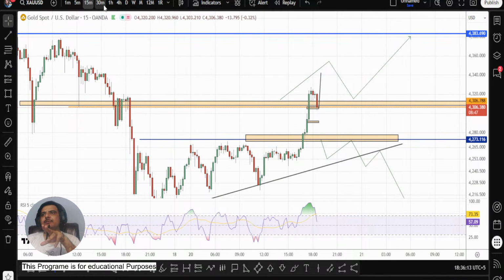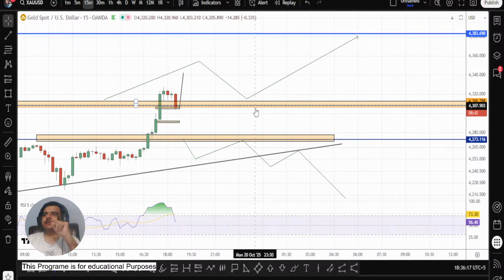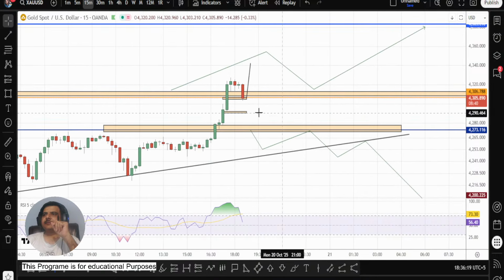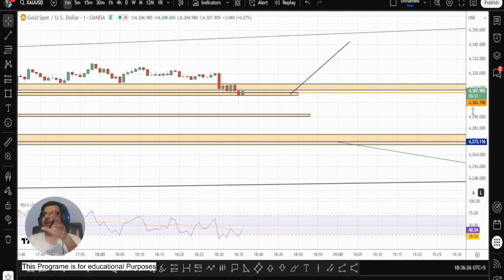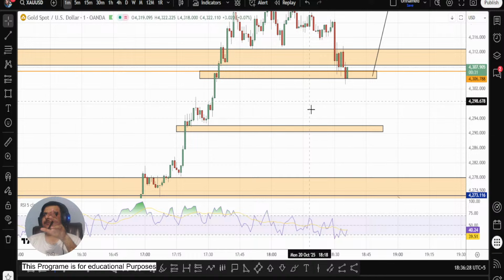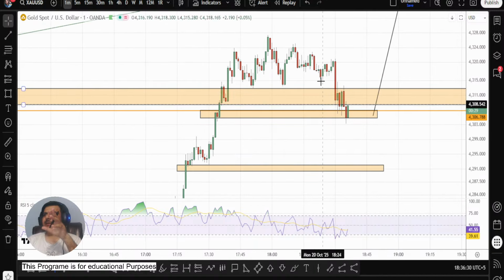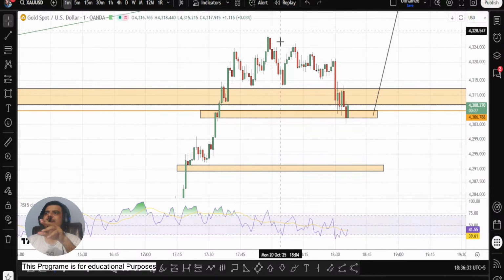Then we will be waiting for 30 minutes, then we will be waiting for H1. But we still have 8 minutes left in this 15-minute candle to close. Anything can happen during this time. It can be a sell trap, it can be a buy trap.